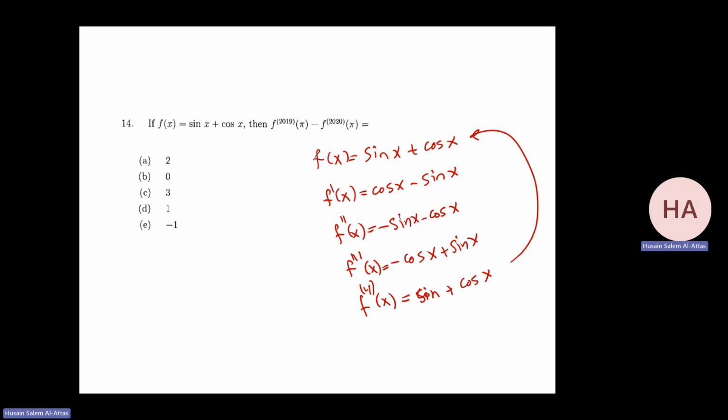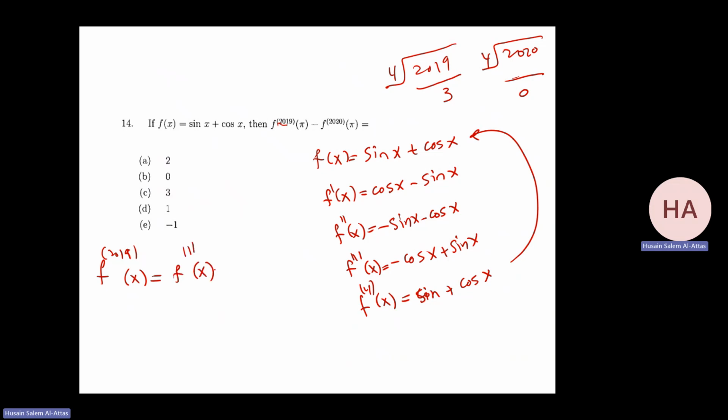Okay. Now it comes to 2019. If we divide by 4, the remaining is 3. 2020, if we divide by 4, the remaining is 0. So that means the 2019th derivative will be similar to the third derivative.